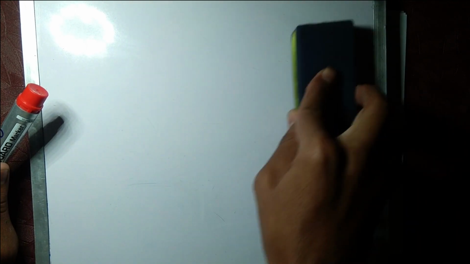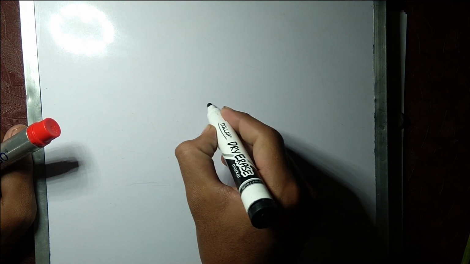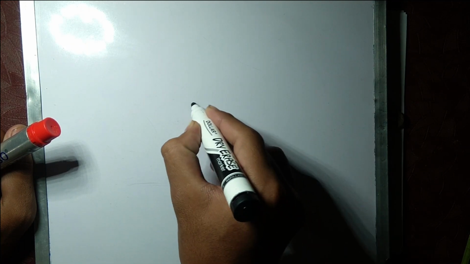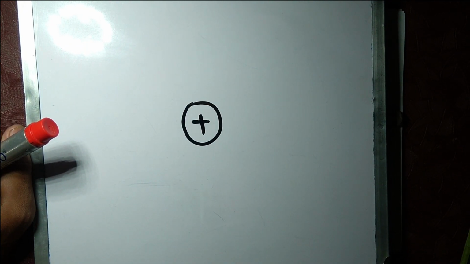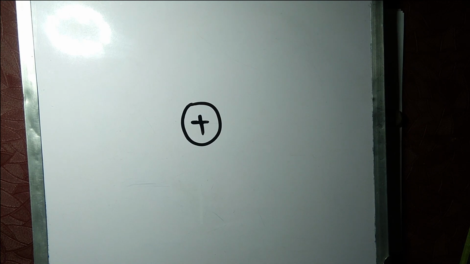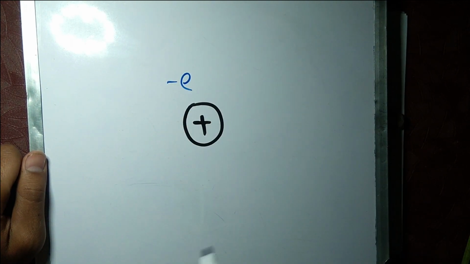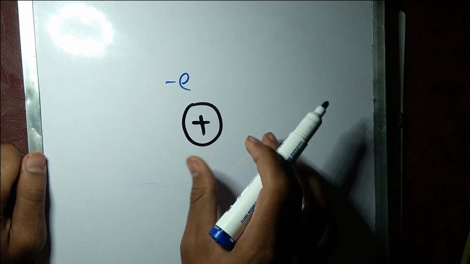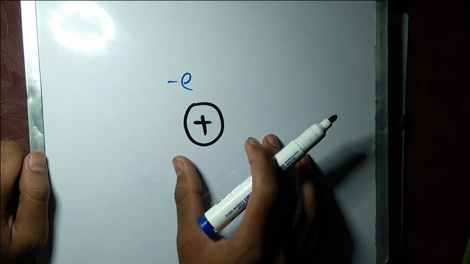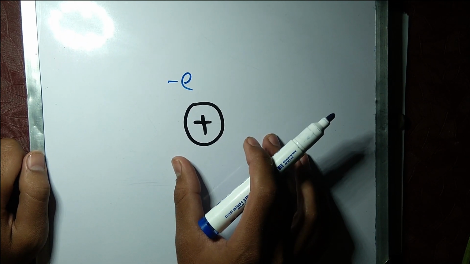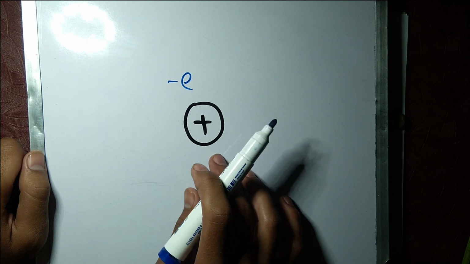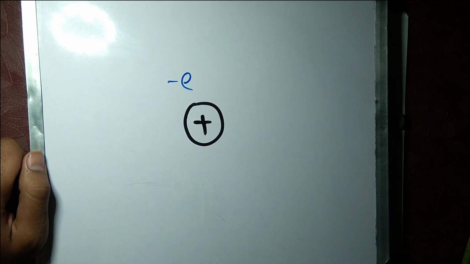So we discussed that in plasma, let's look at a plasma here. We have a positive ion here, and because of this positive ion, a negative ion, an electron, was present here. Plasma is an ionized form of gas, and as it is an ionized form of gas, we will have a positive ion and a negative ion of that gas.